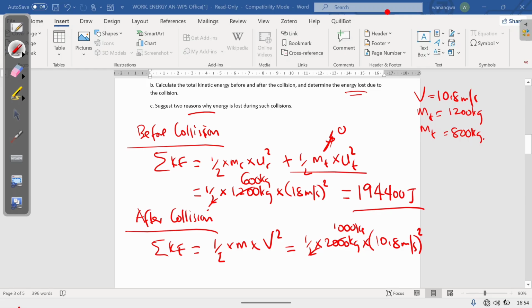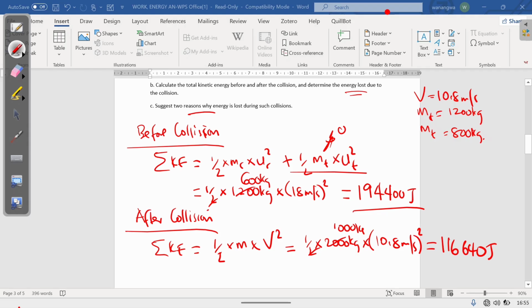So 10.8 to the power 2 multiplied by 1,000 gives us 116,640 joules.